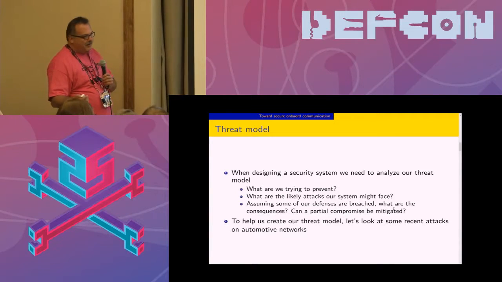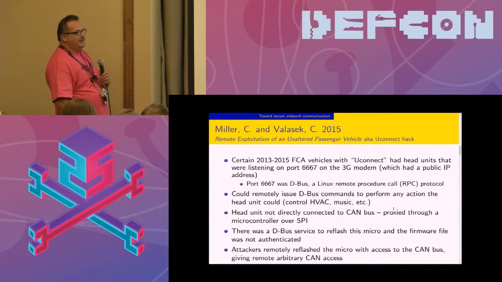I'm not going to spend much time because they're on YouTube. You guys have heard about them, Miller and Valasek. A lot of more specific information in here, but you can hit up their presentation on DEF CON that's out there, and you can watch it.